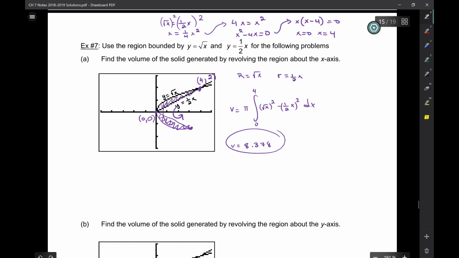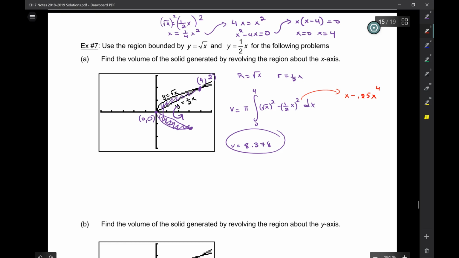Okay? Now, when I go to put this in the calculator, I don't do the square root of x squared. I just type in x, and I type in 1/4 x squared. You know what? Better yet, if I was plugging this into the calculator, I would type this in as x minus, what's 1/4? 0.25 x to the 4.